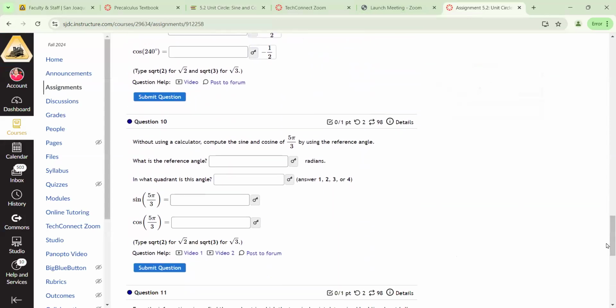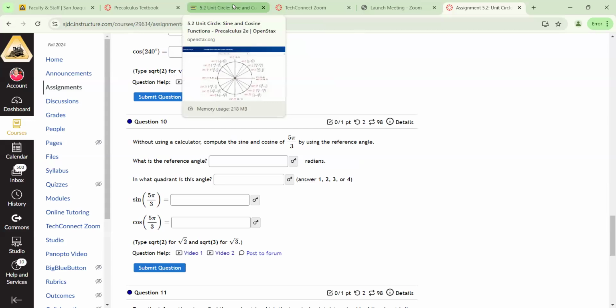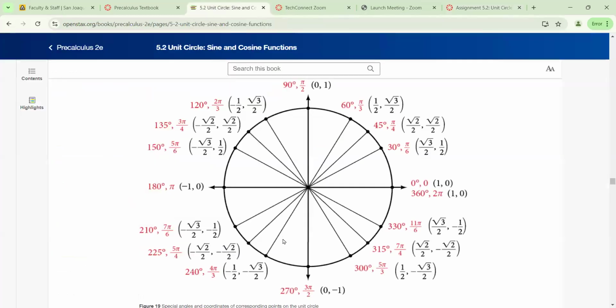Then down here, number 10: without using a calculator, compute the sine and cosine of 5 pi over 3 by using the reference angle. So again, what is the reference angle? Firstly, I'm going to show you the reference angle for 5 pi over 3 this time. 5 pi over 3 is right here.